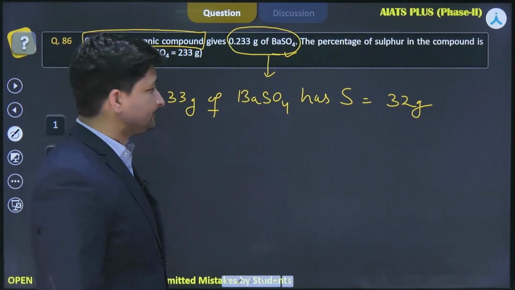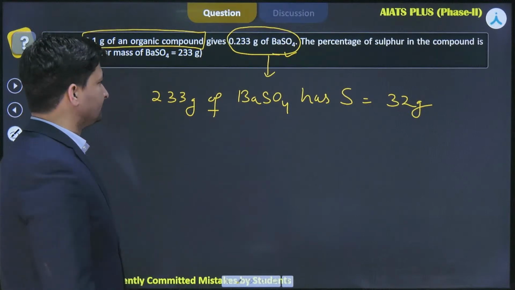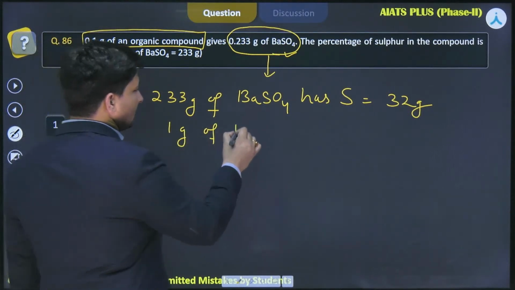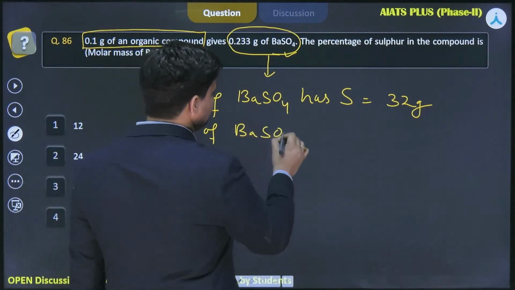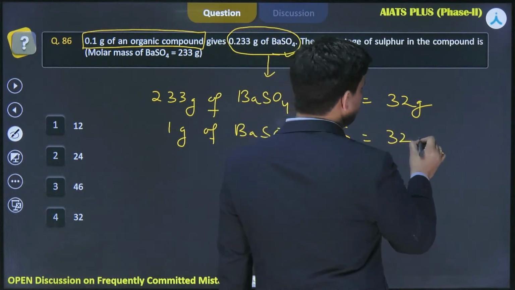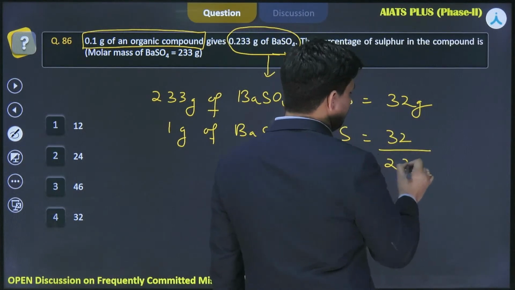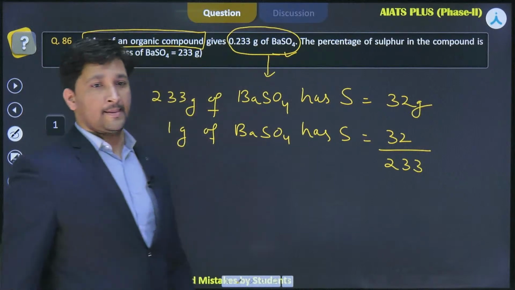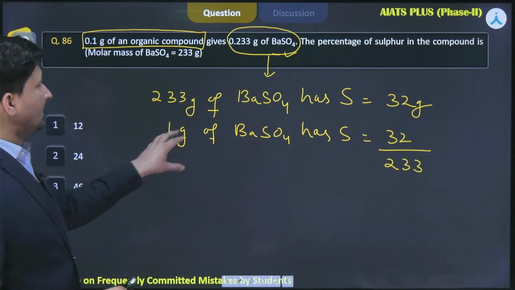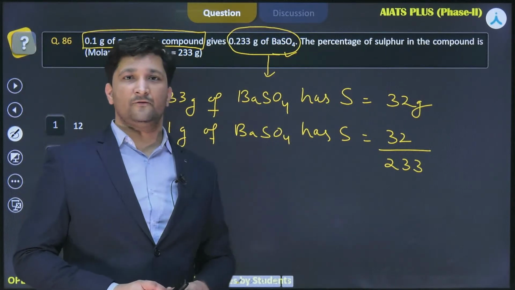Now have a look here. Simply apply the unitary method. 1 gram of barium sulfate has sulfur equal to 32 by 233 gram. Now instead of 1 gram, we actually have 0.233 gram of barium sulfate.